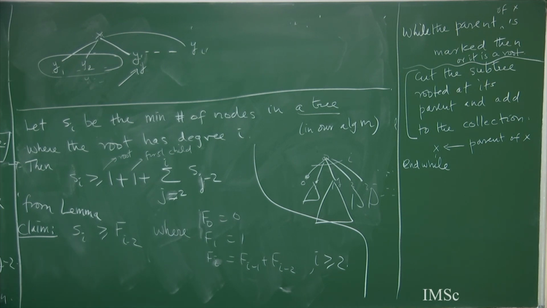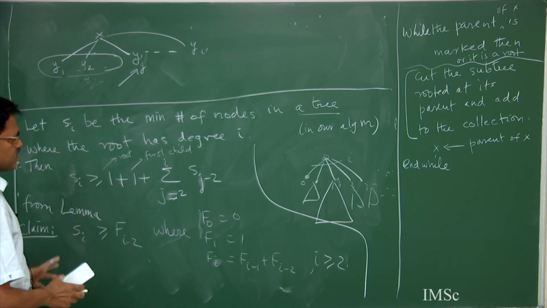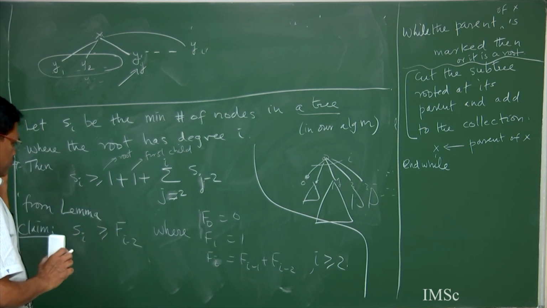And since Fibonacci numbers are exponential, you'll see all this. But let's continue with the proof.